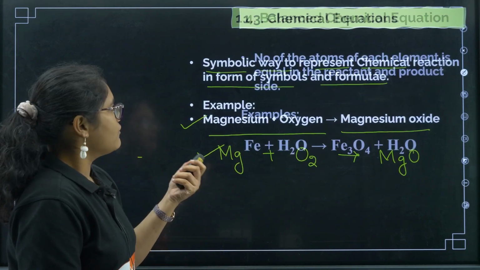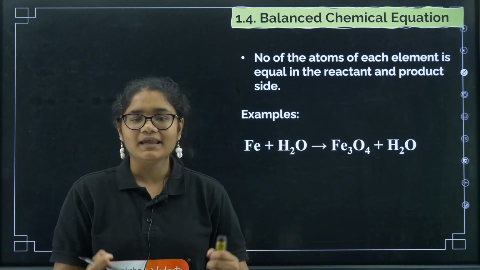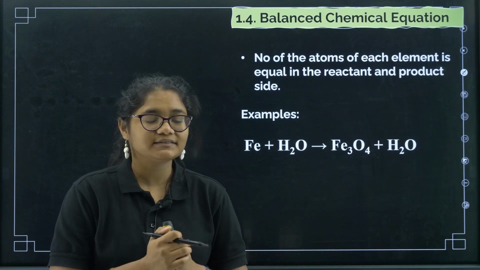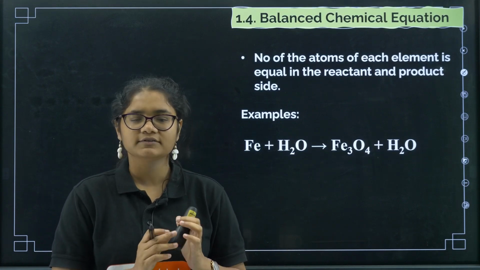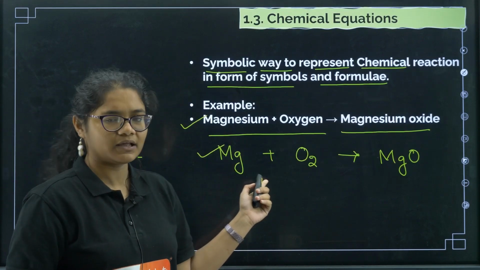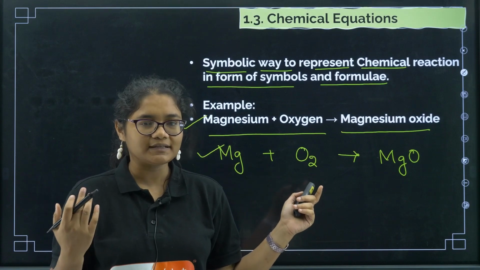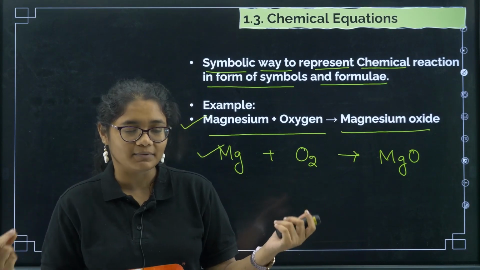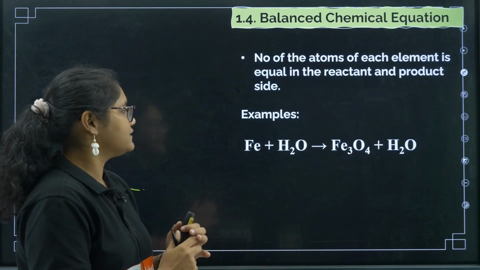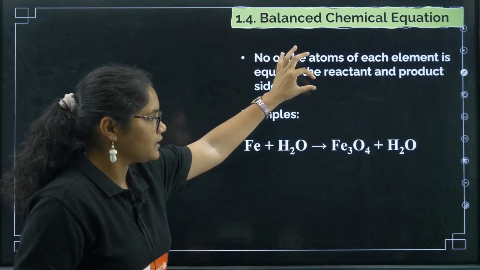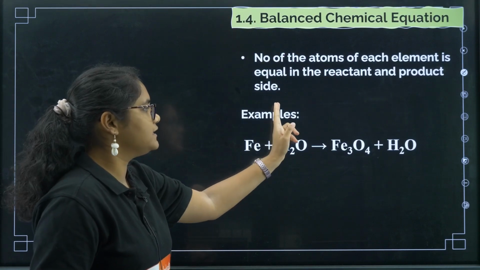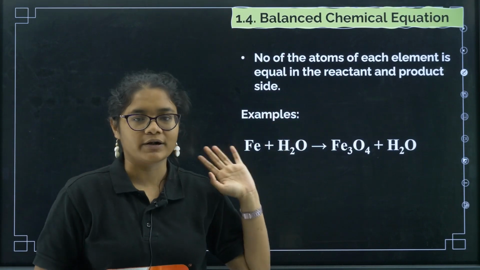Now we will go to something which is very important, that is the balanced chemical equation. You see this is a chemical equation. A question may arise, ma'am, what is this balanced chemical equation? It means the number of atoms of each element is equal on the reactant and product side.